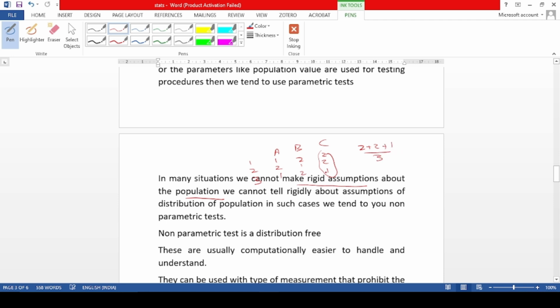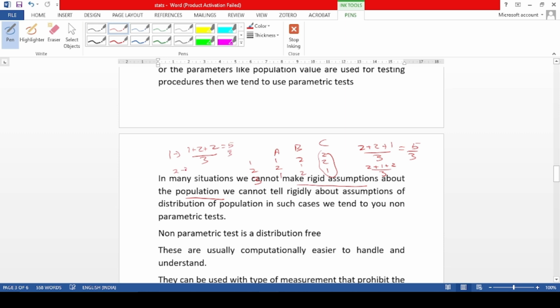So for the C test, the mean marks were 2 plus 2 plus 1, that is 5, divided by 3. Similarly, the mean marks for the B test could have been 2 plus 1 plus 2 over 3. Another approach is to see how much difference there is between persons 1, 2, and 3. For person 1, the mean marks could be 1 plus 2 plus 2 in all the tests upon 3, that is 5 by 3.